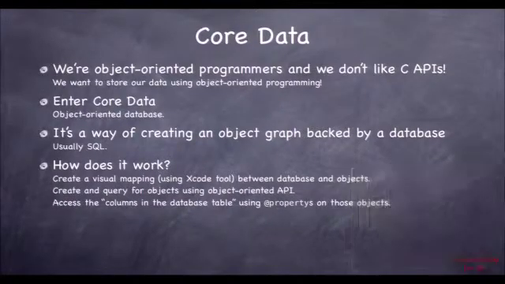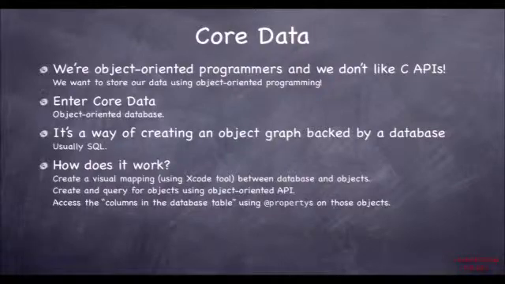How does Core Data work at the highest level? You go into Xcode, and there's a tool for creating a visual mapping between the objects that you're going to store in your database and the code, which is just normal NSObject subclasses, actually NSManagedObject subclasses. Then Core Data manages all the interaction between them.